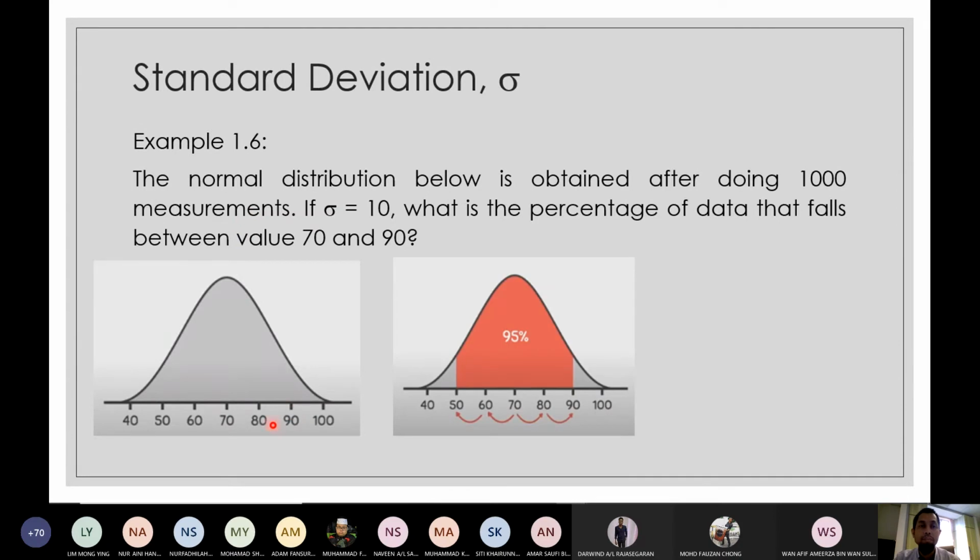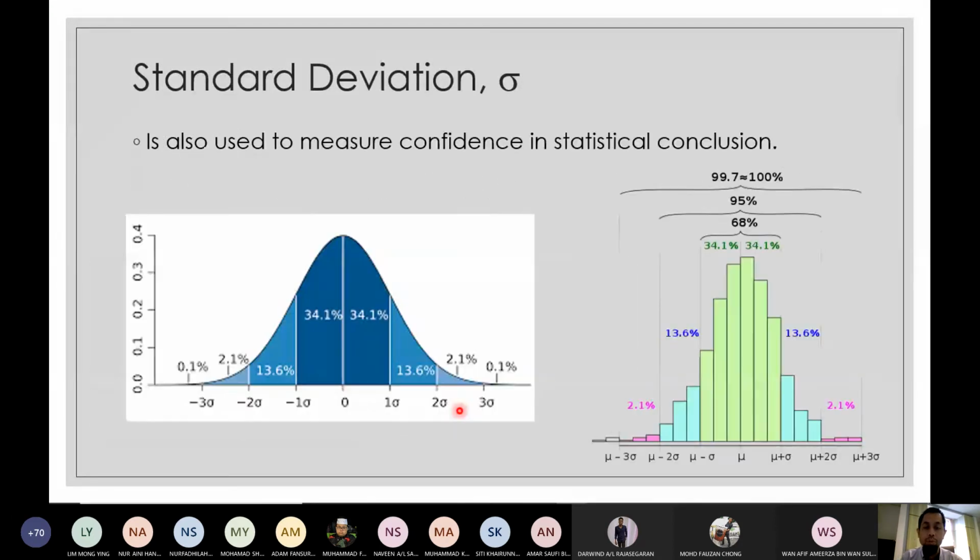We know that if the standard deviation is 10, then 70 is the center point. Plus 10, plus another 10, we get 70 to 90. And then minus 10, and minus another 10, we get to 50. So basically, this is 70 plus sigma, plus 2 sigma, and this is 70 minus sigma, minus 2 sigma. By referring to the figure here, we know that plus minus 2 sigma is equal to 95% of the data.